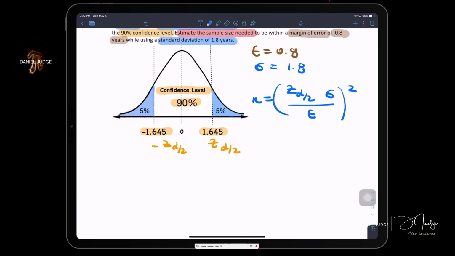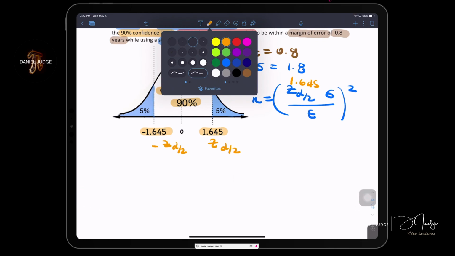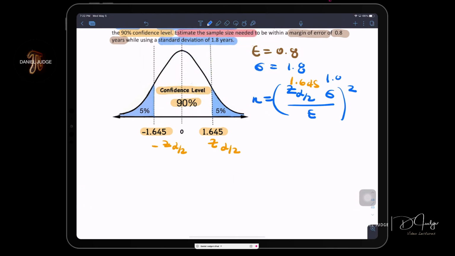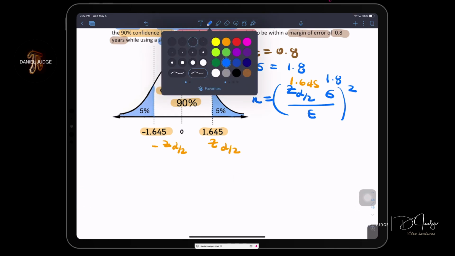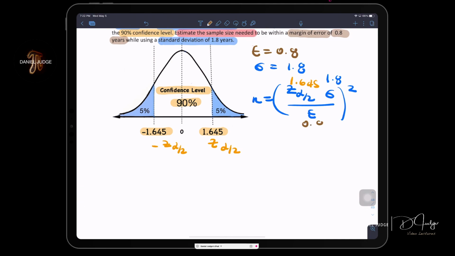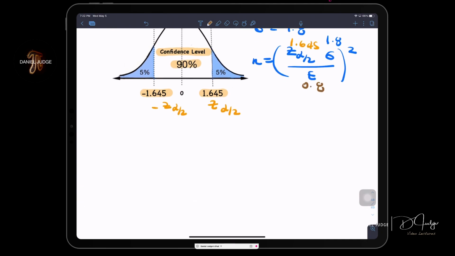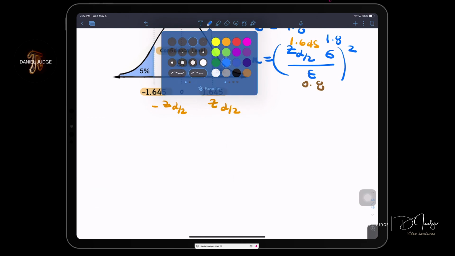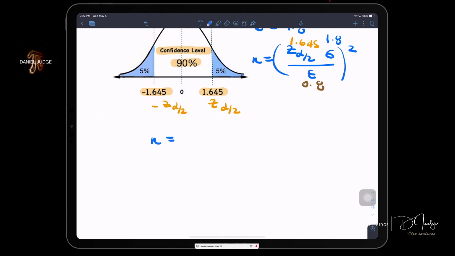So just plug your values in. 1.645, 1.8, the error is 0.8. So the sample size will be 1.645 times 1.8 divided by 0.8, raise this to the second power.